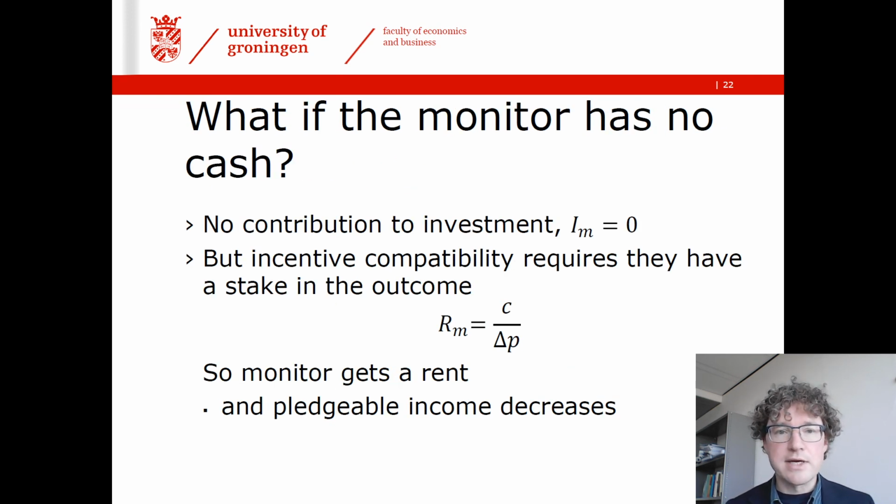So I looked at the case in which there was no contribution to investment, so IM was equal to 0. Then we looked at the case in which IM was not equal to 0, so the monitor had cash. So let's now also look at the case in which there's just a single monitor, or there might be many monitors, but they just don't have any capital to invest into this project.